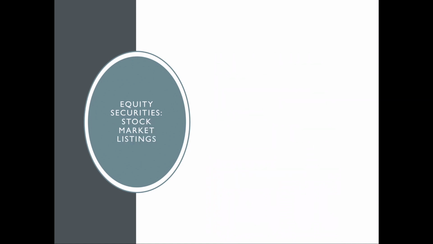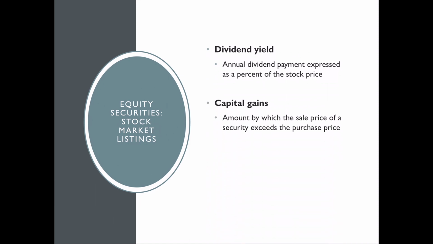Some key terms when you're talking about stock markets or stock market listings. One is what is called the dividend yield. This is the annual dividend payment expressed as a percentage of the stock price. Typically dividends are paid quarterly, but you take the annual amount and divide it by the stock price to get some percentage, which is your dividend yield.